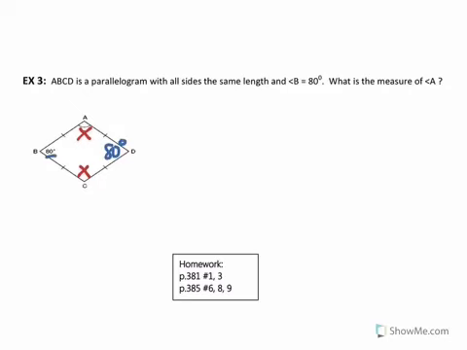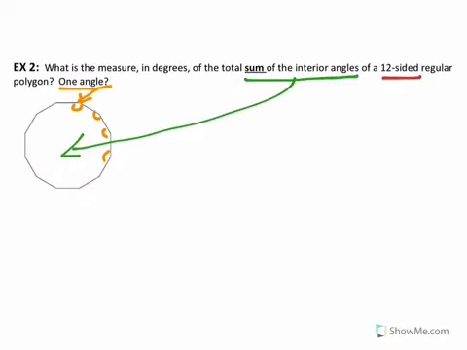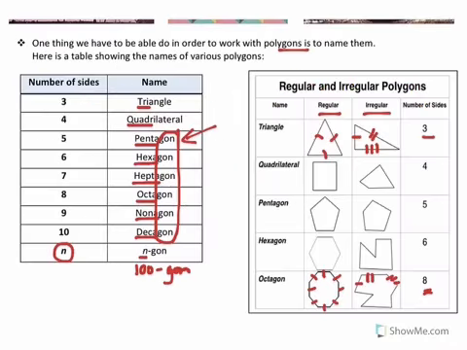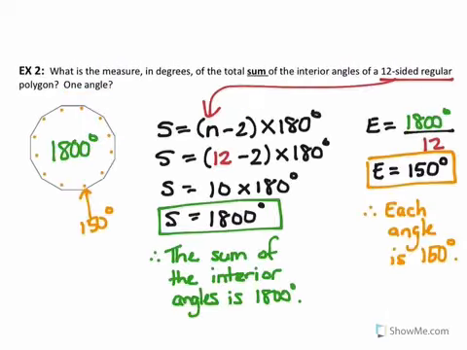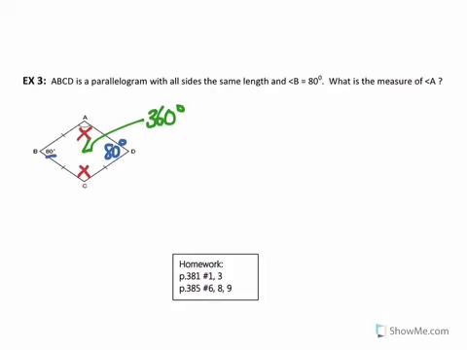Because this is a quadrilateral, a four-sided shape, we know that the total insides should be 360 degrees. Four-sided shape should be 360 degrees. Sorry for switching so much.